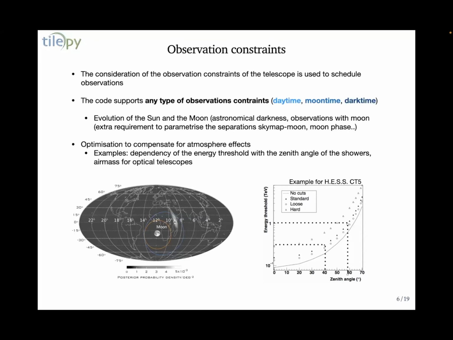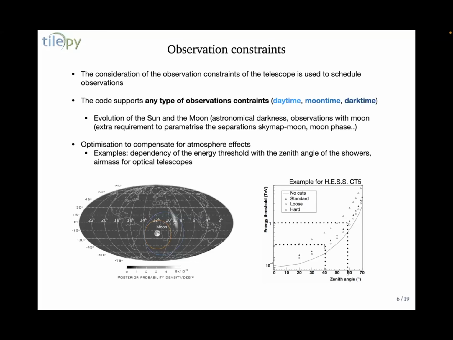Regarding the observation constraints, we also take into account the atmosphere effects. This is an example: an optimization on the zenith angle. For gamma-ray telescopes, we aim to have observations at the lowest energy threshold possible. This is an example for the HESS CT5 telescope.